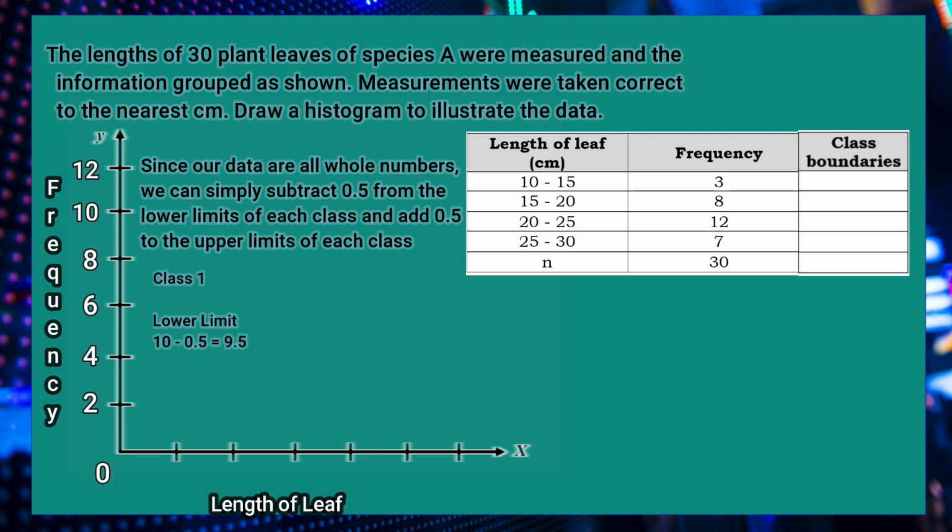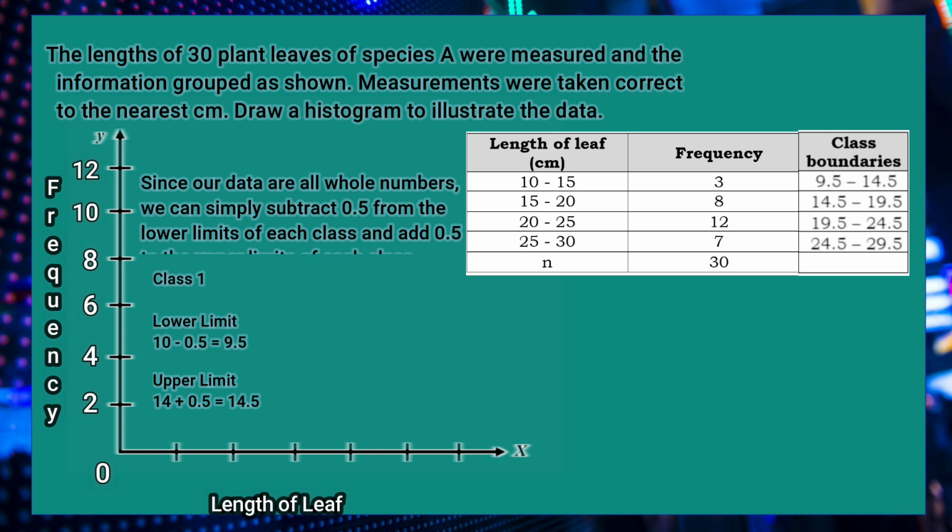So the boundaries for class 1 will be 10 minus 0.5, which equals 9.5 at the lower boundary, and 14 plus 0.5, which equals 14.5 as the upper boundary.